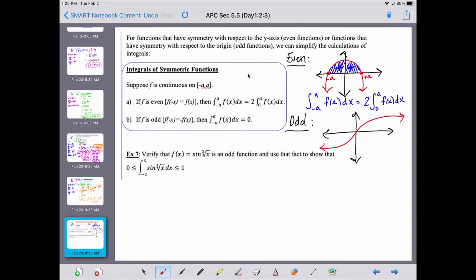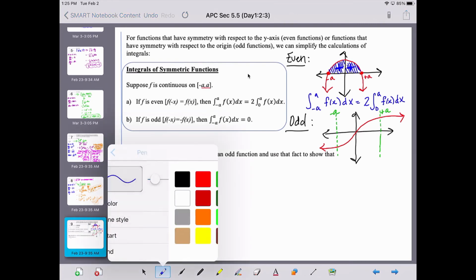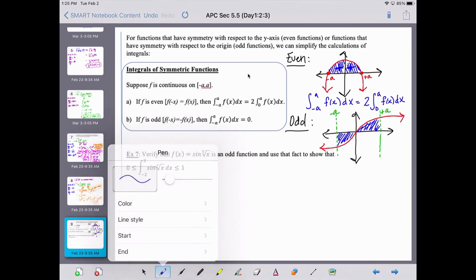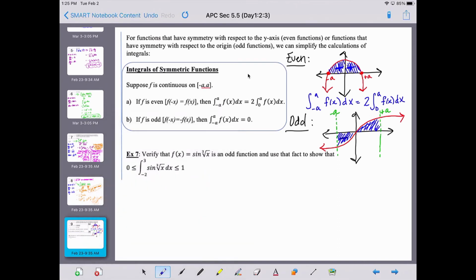And so in this case, if I say that this right here is negative a, and this right here is positive a, then I would be looking at this area and this area, right? And keep in mind that the area here on the left-hand side is going to be represented by a negative area, and the area here on the right-hand side is going to be represented by a positive area. I know that's a little bit hard to see, sorry.